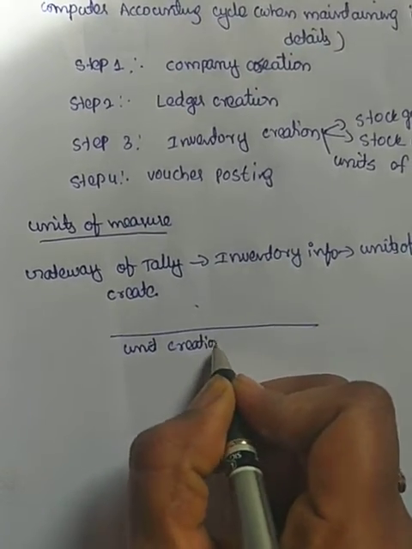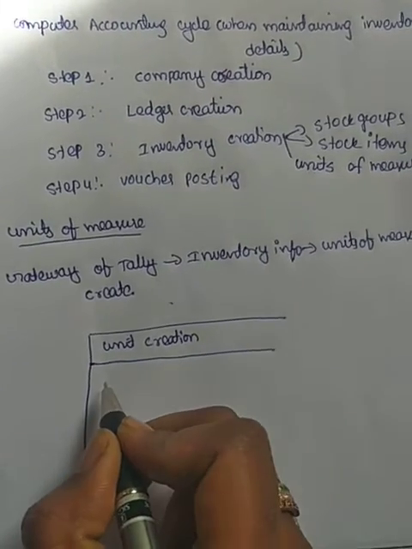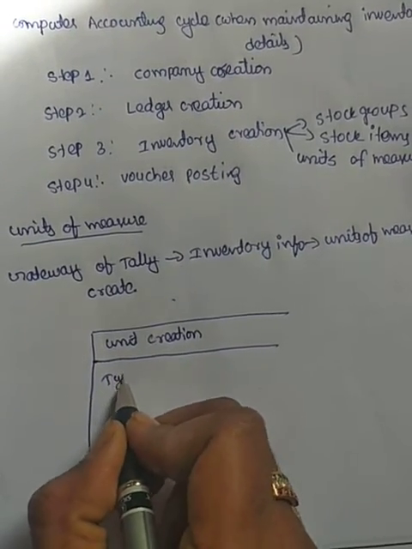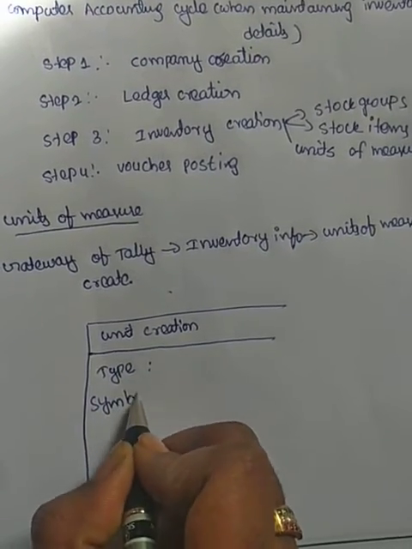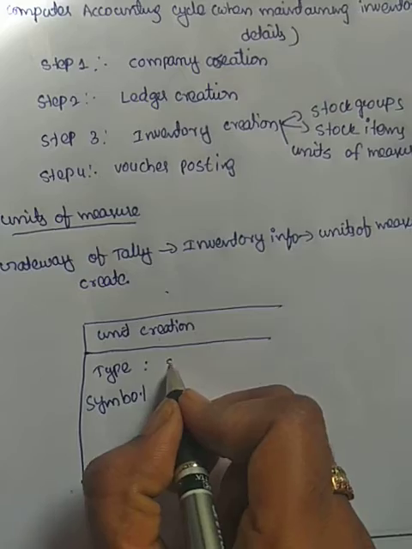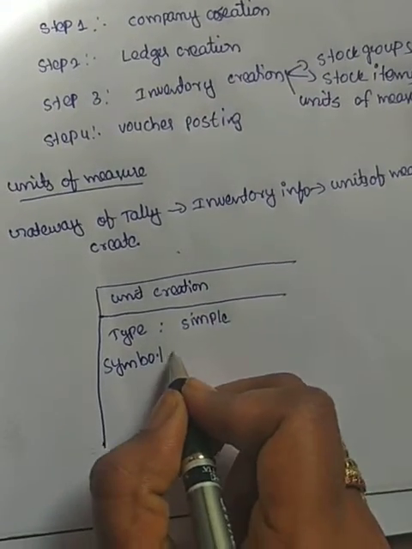In the unit creation screen, first you have to give the type, then symbol. The type is almost default, it is simple only.